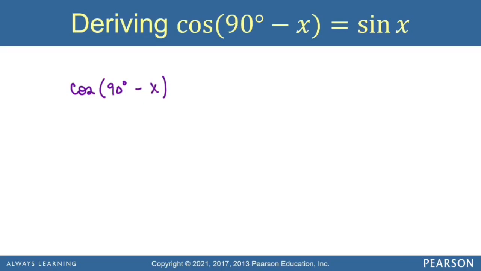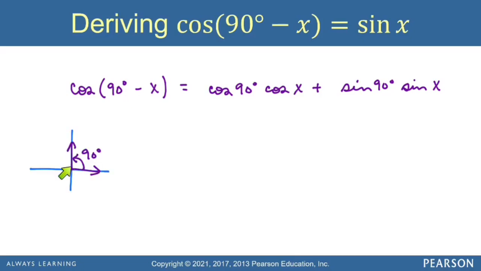So that's going to make cosine of 90 times cosine of x plus sine of 90 degrees times sine of x. Now 90 degrees is a quadrantal angle, so of course we know the values for the sine and cosine of 90 degrees. Let's remember that the terminal side for a 90-degree angle goes through the top of the unit circle, so it goes through the point 0, 1.